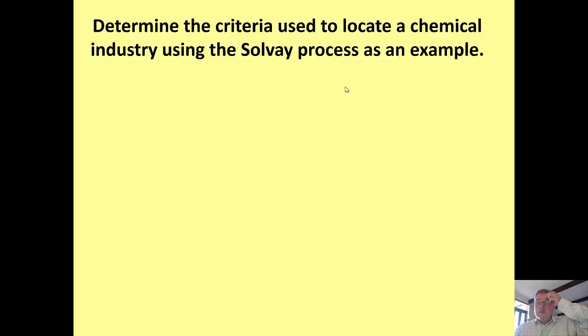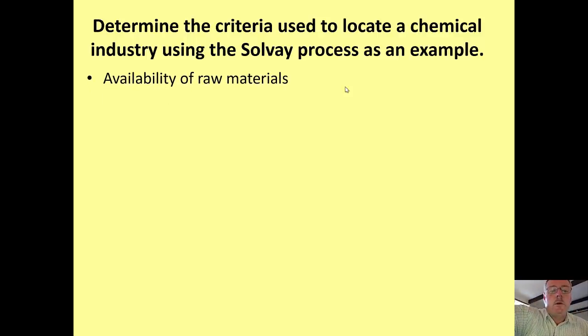Okay, so if you had to locate a Solvay plant, where the Solvay process occurs, you're going to have to take into account a lot of things, and this has been the example for questions in past HSC.